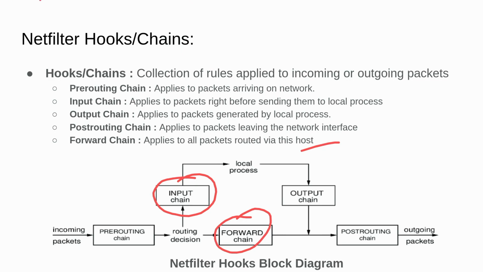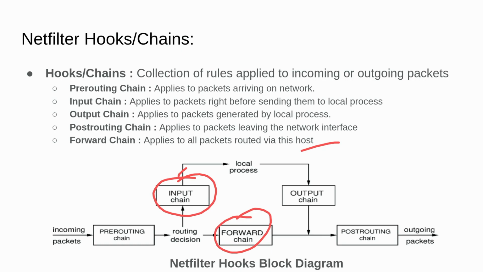If a packet is meant for a local host, it will be diverted to the input chain. Only the packets meant for a local host go through this chain, and once a packet reaches the local process, it gets processed.